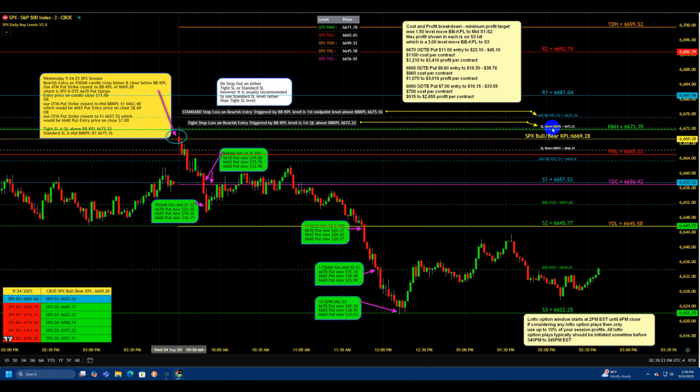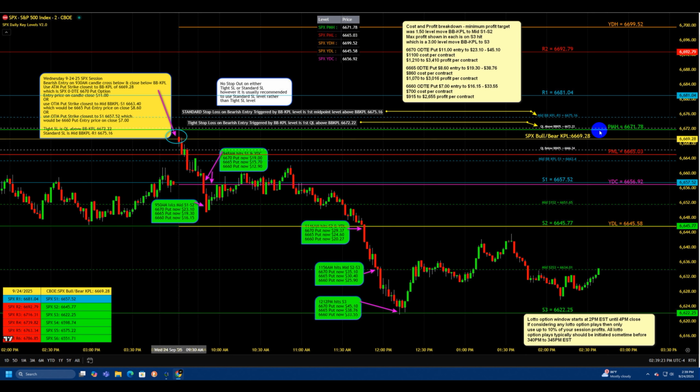The QL levels are quarter levels above and below each main level. So for example here, QL above BBKPL and QL below BBKPL. In the user control panel, you can turn on individual midpoint levels as well as QL levels above and below each main level.